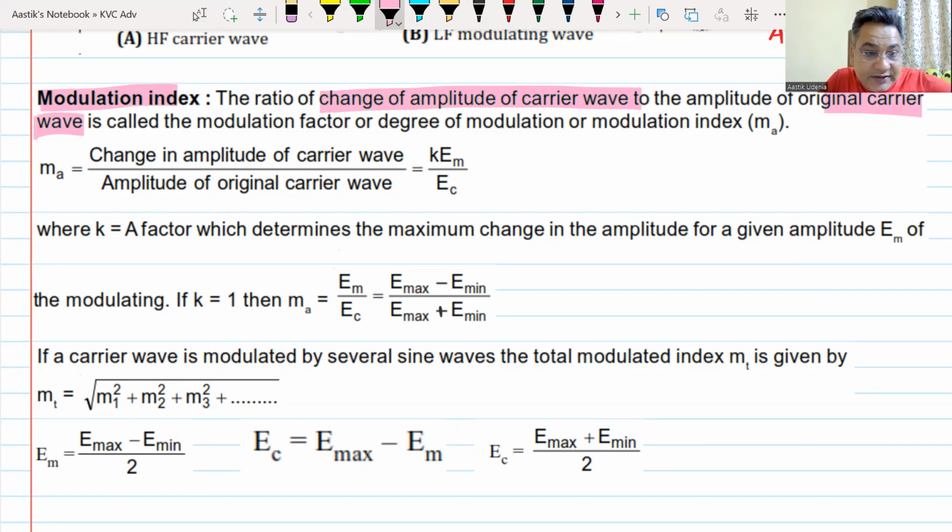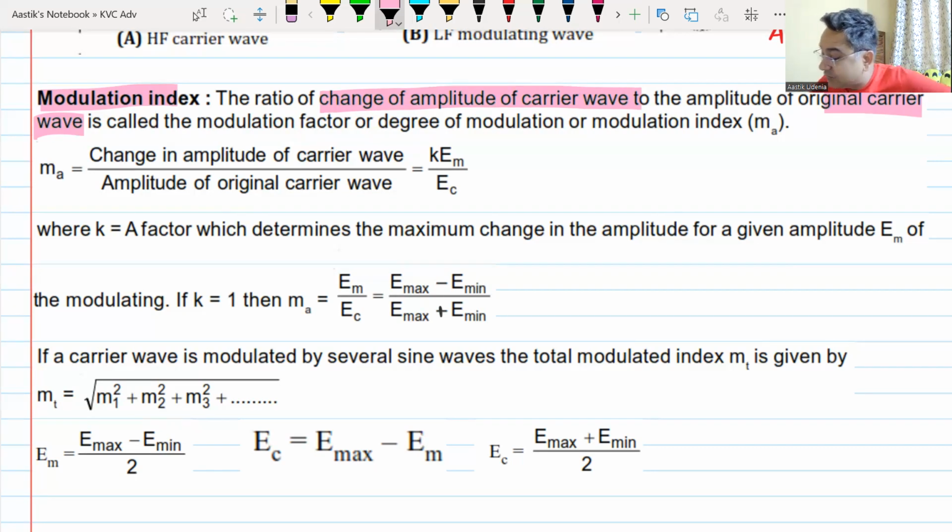The modulation index is given by this concept. Do we understand what this modulation index is? Yes, sir. Amplitude of the carrier wave to the amplitude of the original carrier wave.